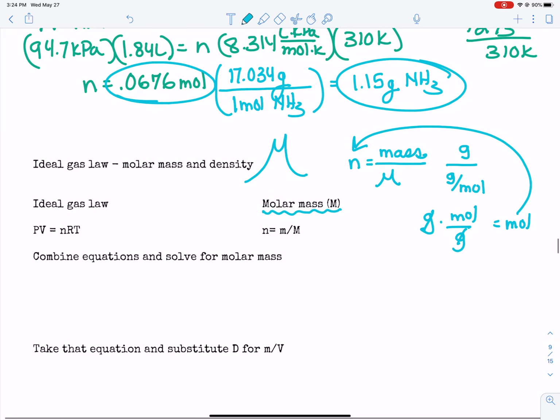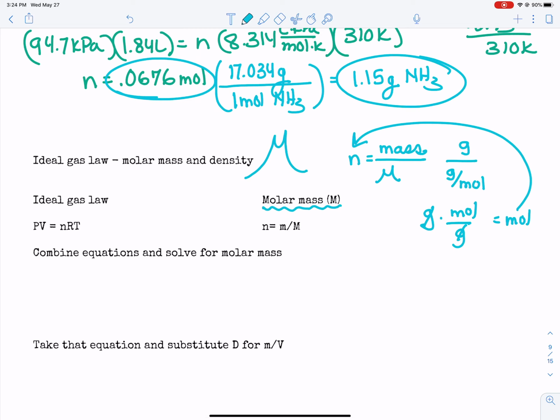So look at these two formulas. I'm going to basically substitute the N. Think of what you have done in math class when you solve a system of equations by substitution. So combine the equations and solve for molar mass. I would do PV equals, instead of N, mass over molar mass, RT, and now solve for molar mass.